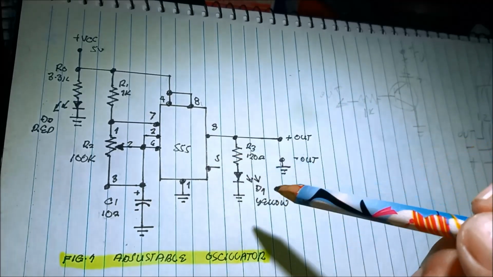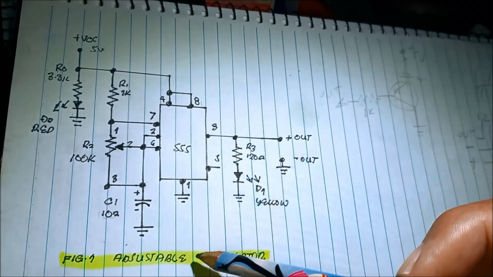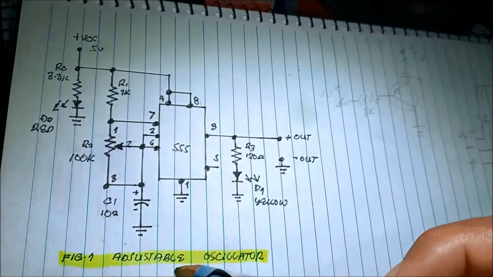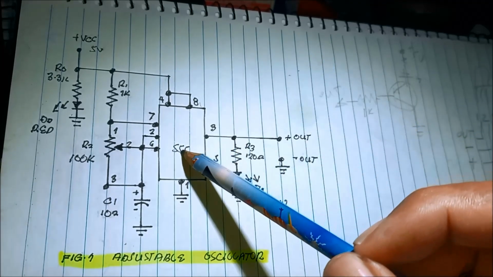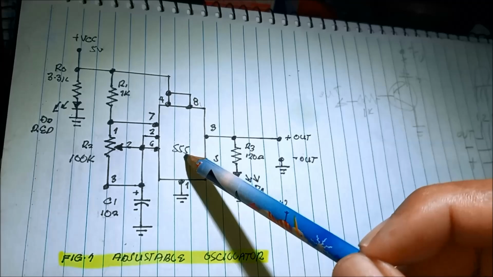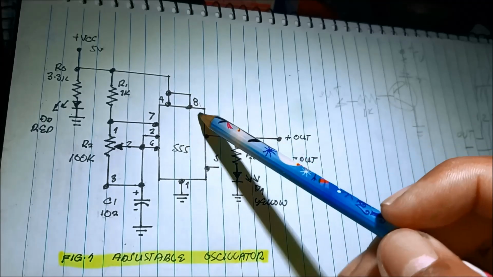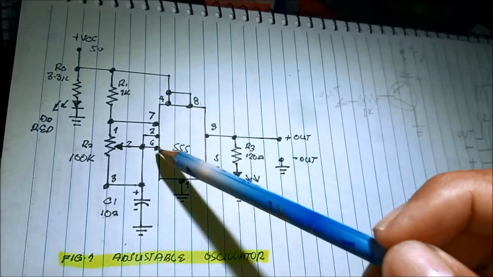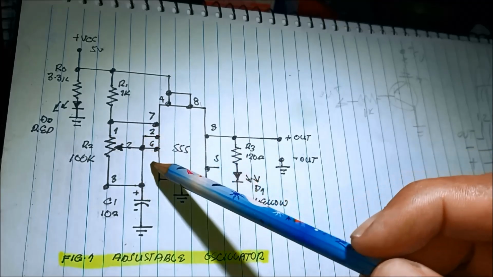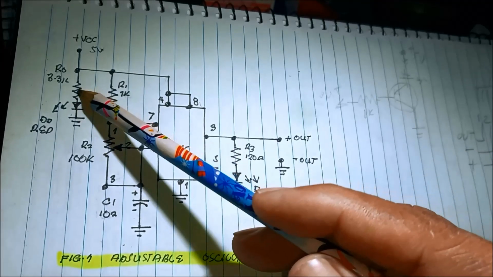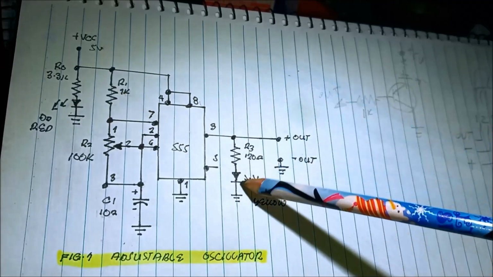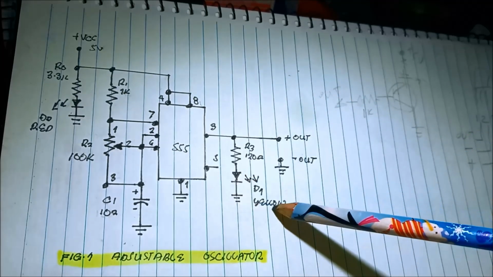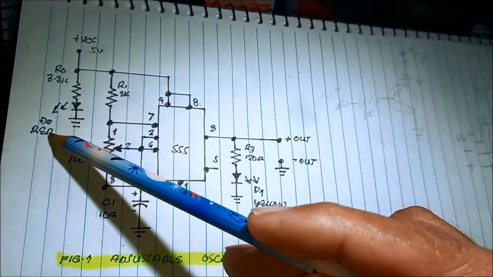We have now the schematic diagram of our adjustable oscillator using 555 timer. So we have the pin out. This is the power LED and the output LED, yellow, power LED, red.